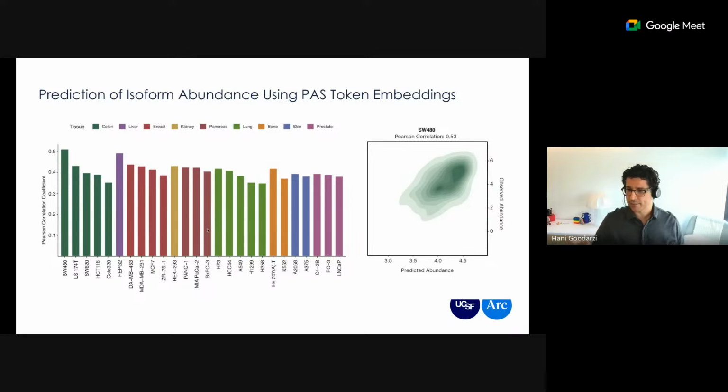So very nicely, you can learn the relationship between the pass token embedding and the isoform abundance, which, as I mentioned, highlights the fact that those assumptions are likely true, right? So the model actually has learned these sequence barcodes that regulate its splicing.